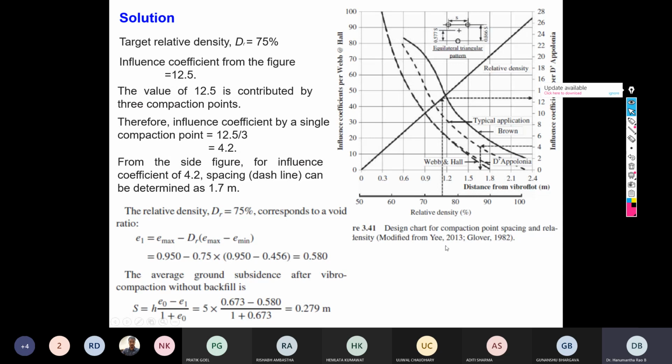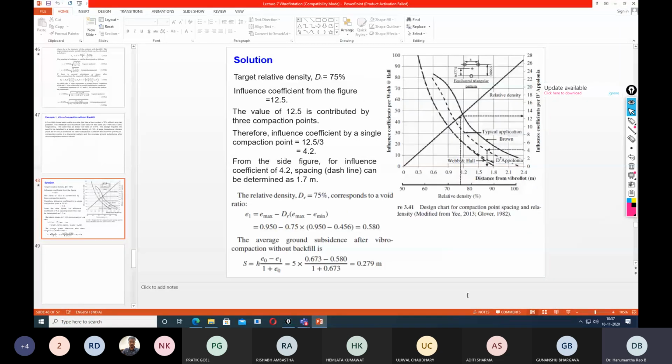So this is what it is all about vibrocompaction. You can ask me if you have any questions. I do hope that I have covered almost every aspect of vibrocompaction to the best possible.